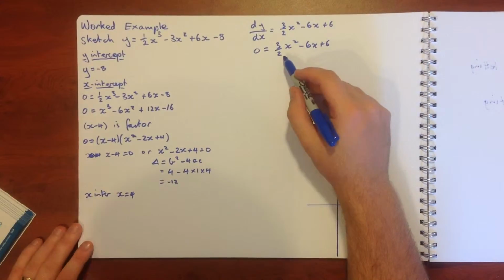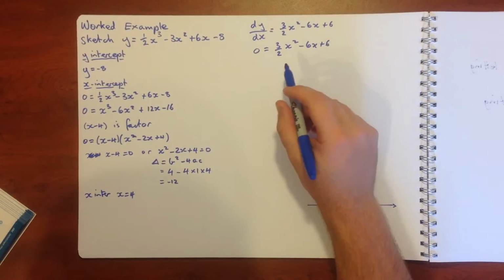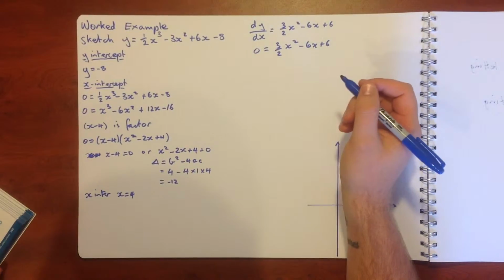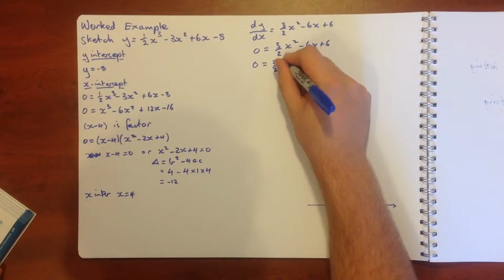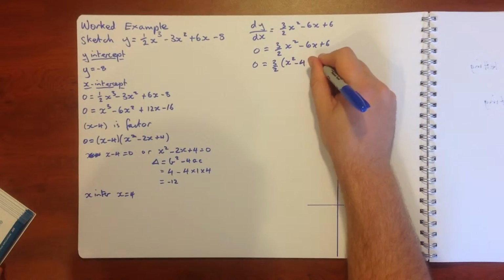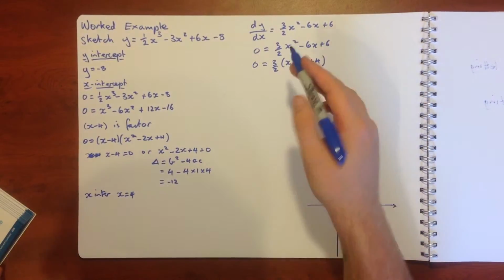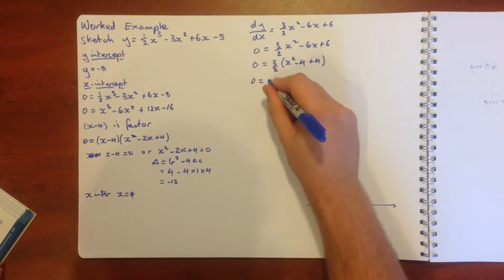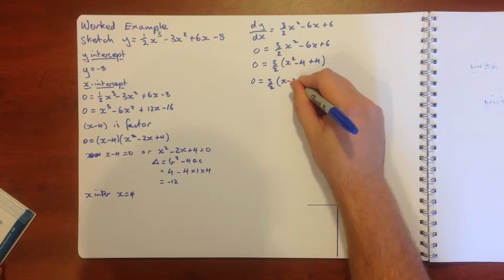Easiest way here is we can take our 3 on 2 out as a common factor. So x squared minus 4x plus 4, which means we can say that 0 equals 3 on 2 outside of x take 2 squared.